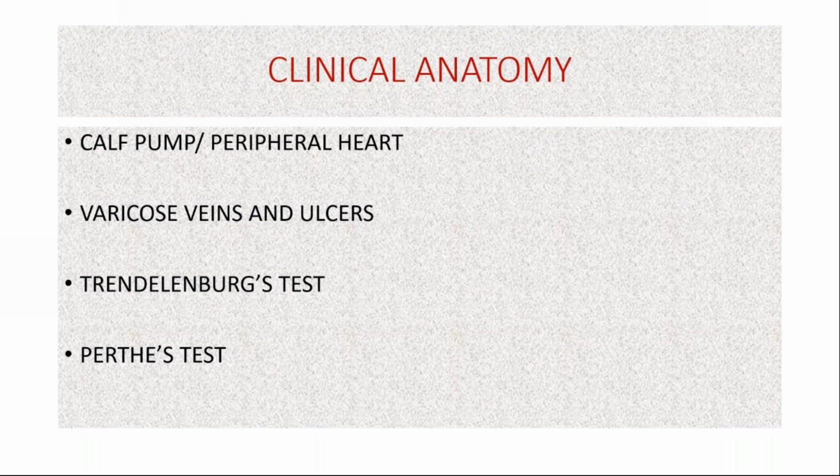Then we have varicose veins. The varicose veins are dilated veins of the lower limb, and when there is incompetency of the walls, this can lead to accumulation of blood in the veins, and then to dilatation of the veins, and dilated veins are called varicose veins.